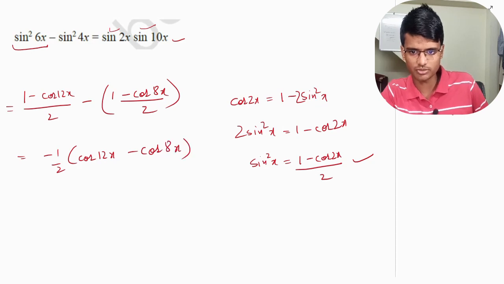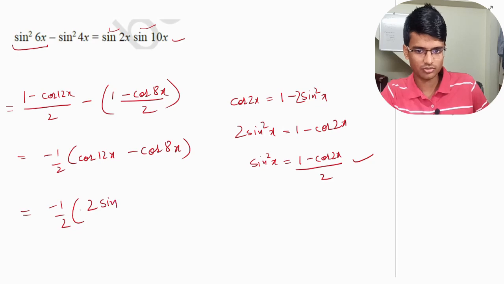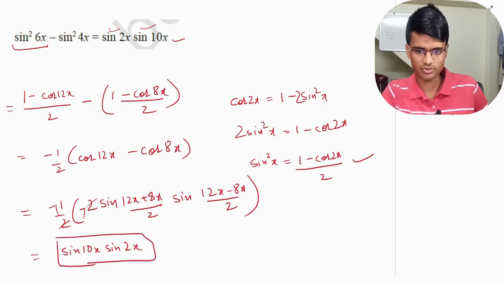So I got it in the form cos A minus cos B. So I'll apply the transformation formula here: minus 2 sin((A plus B)/2) and sin((A minus B)/2). So 2 gets cancelled, minus gets cancelled. I am left with sin 10x and sin 2x. That is our RHS.